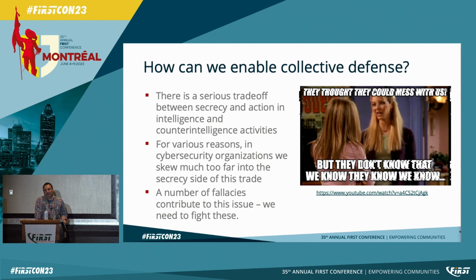And that happens when we as an industry figure out that it's better for us to share more, collaborate more, and do things faster, and not worry so much about whether or not we're telling the adversary how much we know about them, right? Obviously, there's nuances to all of this, right?